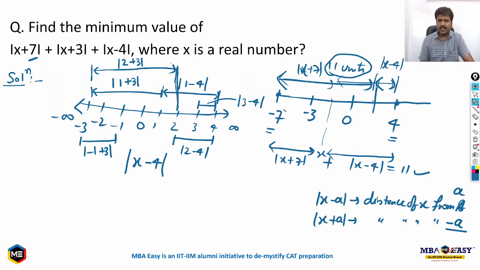ठीक है. But if you take x beyond this, जैसे say this is -7, this is -3, this is 0, this is 4.